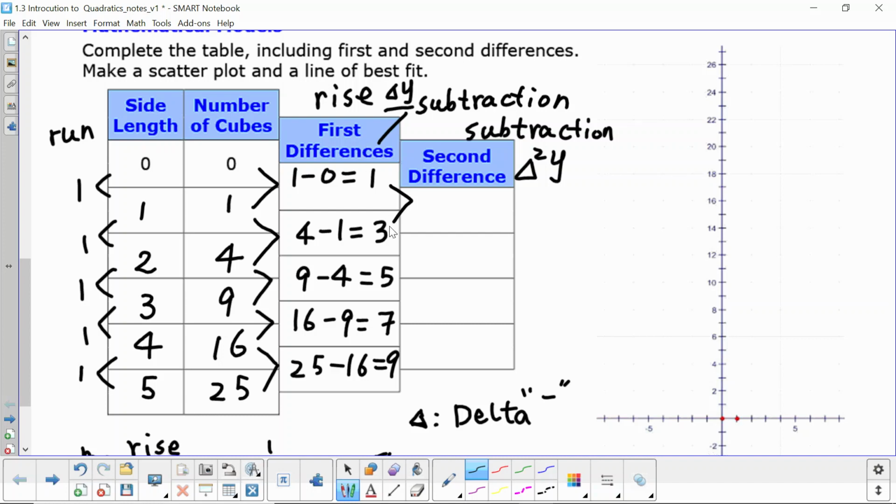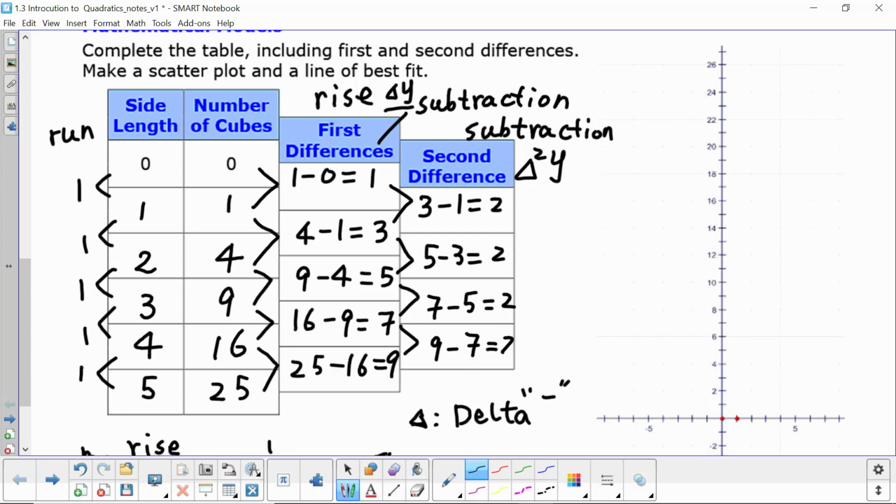Differences means subtraction. So subtraction of first differences will give you 3 minus 1, gives you 2. Then from 3 to 5, the difference is 2. 5 to 7, difference is 2. 7 to 9, the difference is 2.